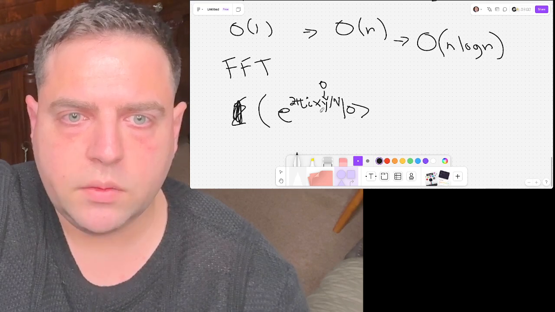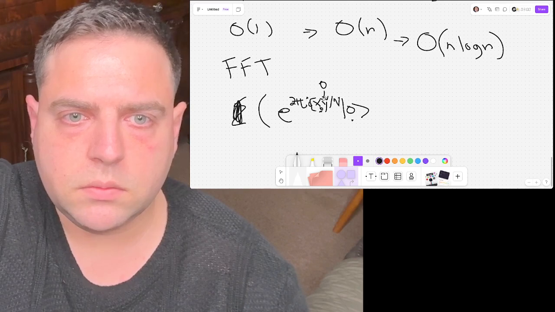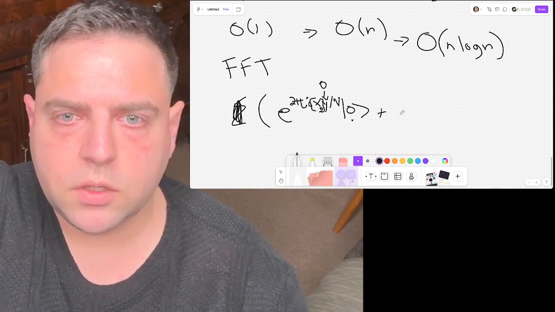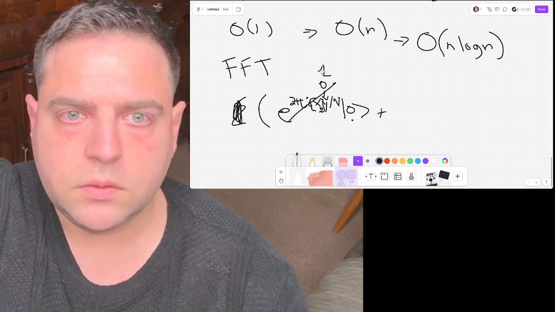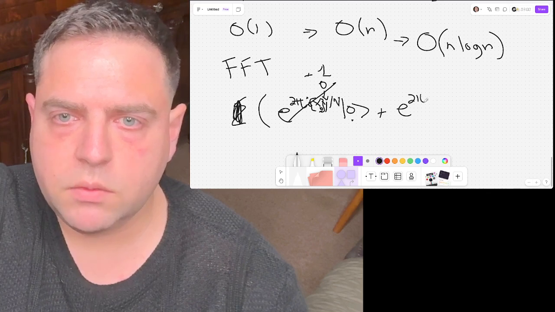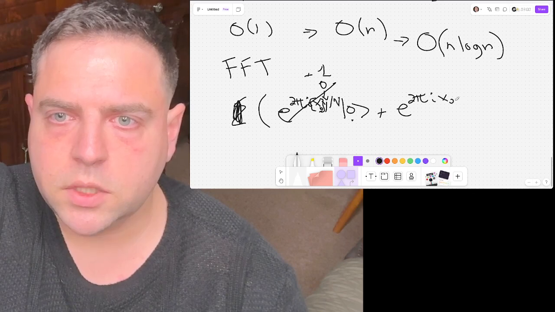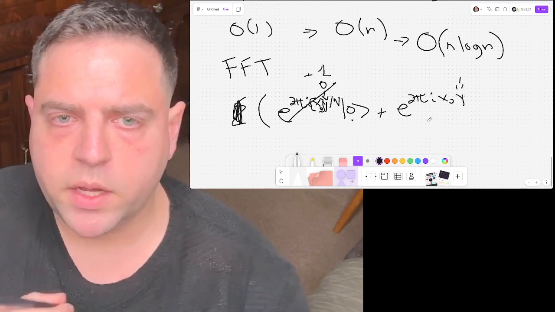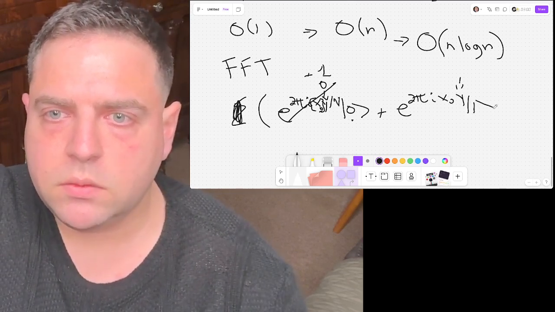This is y. y is 0, so it's just x0, right? Plus, since this is 0, this just goes to 1, plus e to the power of 2 pi i x0 times, now we can set it to 1 because y can only be 0 or 1. It's a binary digit. Times 1.